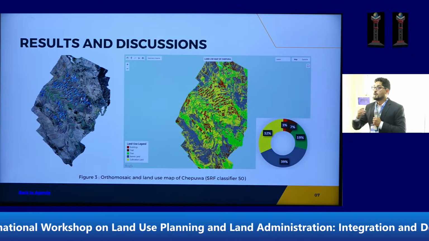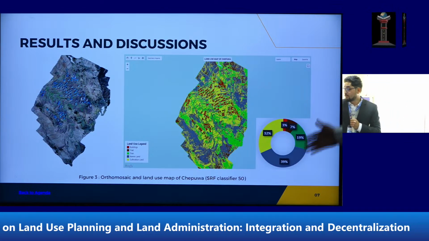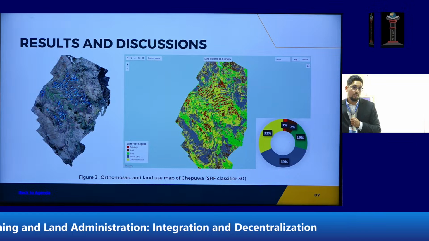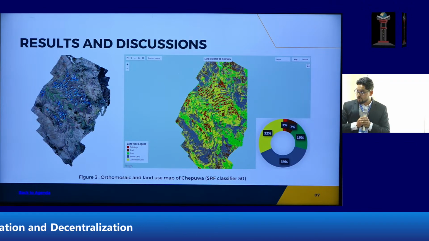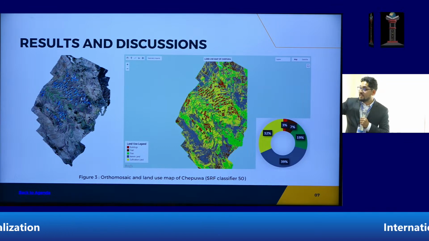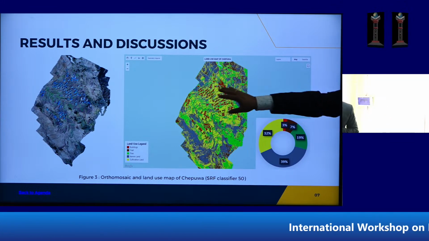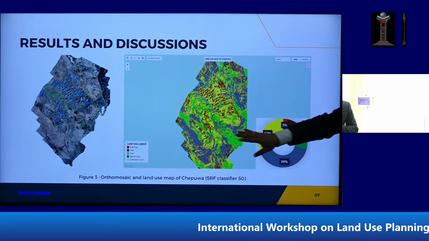These are the results that I obtained from the orthomosaic for Chepua. The first one is the orthomosaic, and the second one is the land use map. As you see, the settlement zones, right?